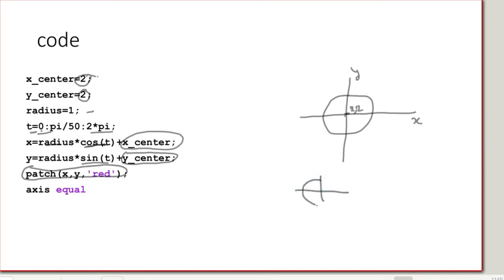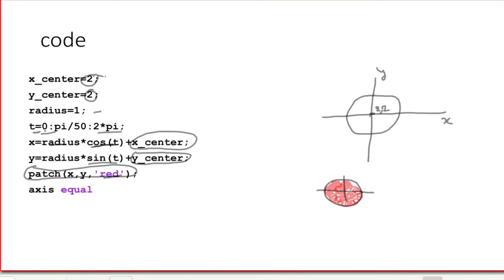Once I have generated it, I have filled it with the red color. I will show you how it is plotted in actual MATLAB. And then there is an axis equal command. I will show you how it is useful while plotting this circle.